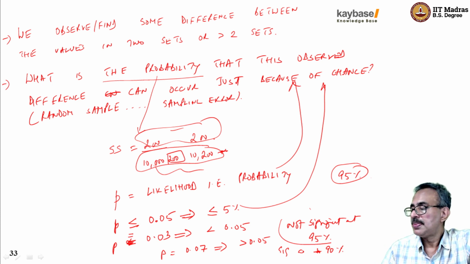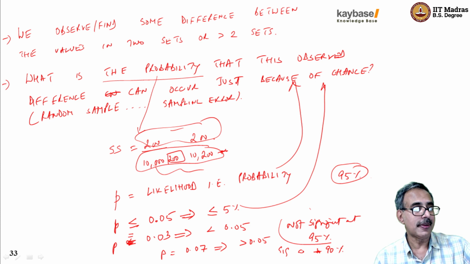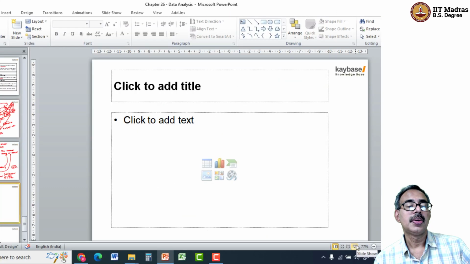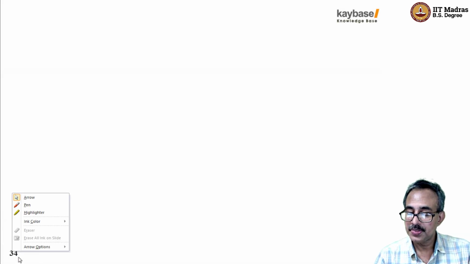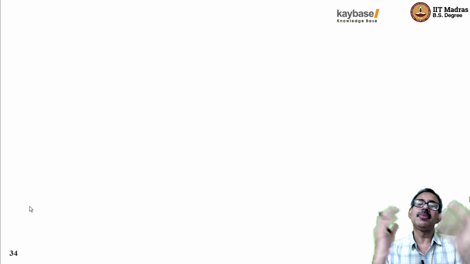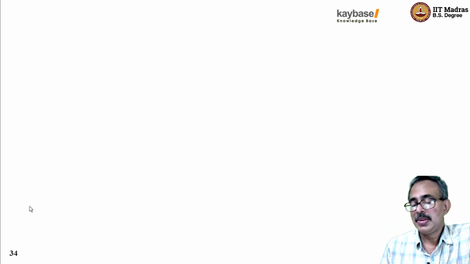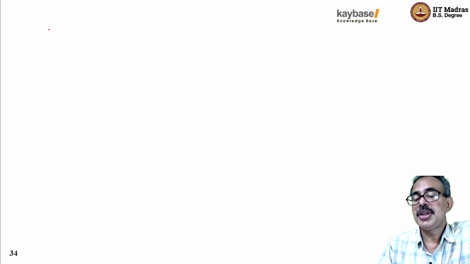So, just to make sure that this understanding is very clear, I will just extend this particular example a little bit. Here I am with a fresh page again. Well, let's just intuitively think about this. Let us say our sample size was only 10 MBAs and 10 engineers.